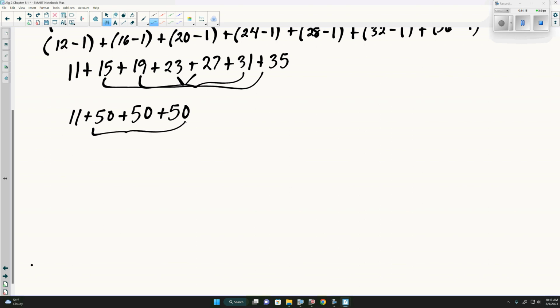Well, we can do 50 plus 50 plus 50 is... Because if I find nice pairs that work together, might as well use those and add them together. Questions on any of this here? Not too bad so far.